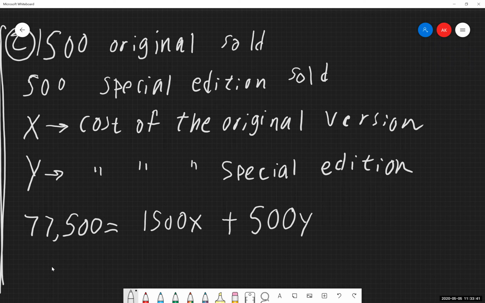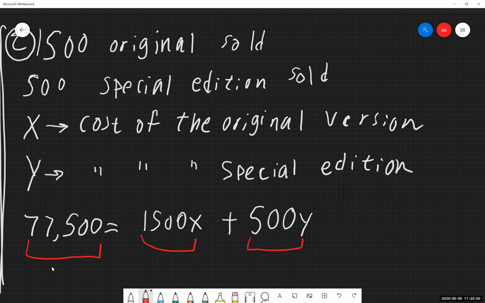Okay, so this is working with our totals. The total amount that was earned from the original version in dollars, plus the total amount that was earned from the special edition in dollars, combined together give us our total earnings of $77,500.